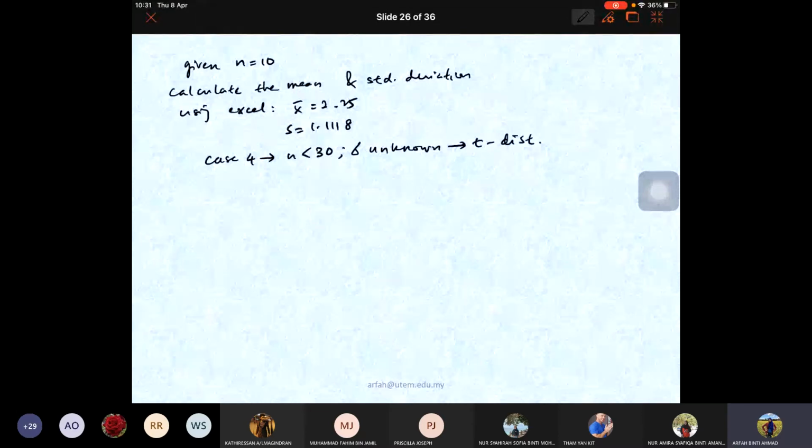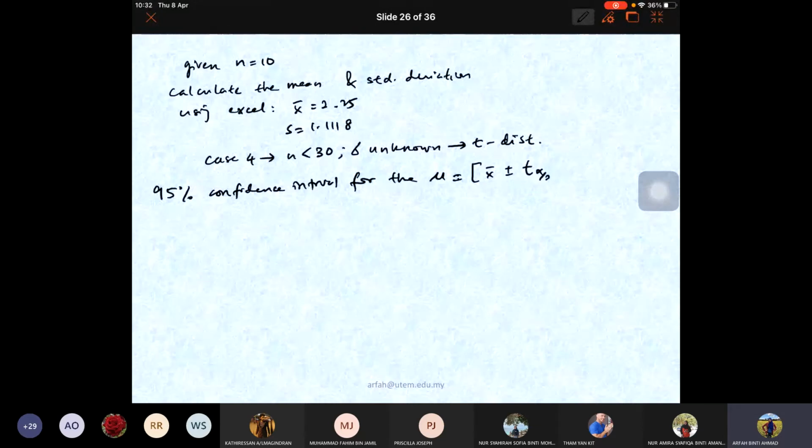So 90 berapa persen yang dia minta? 95%. Okay, 95% confidence interval. For the mean, for the mu, it will be equal to X bar plus minus T alpha over 2, n minus 1, S over square root of n. 1 minus alpha 100% equal to 95%.